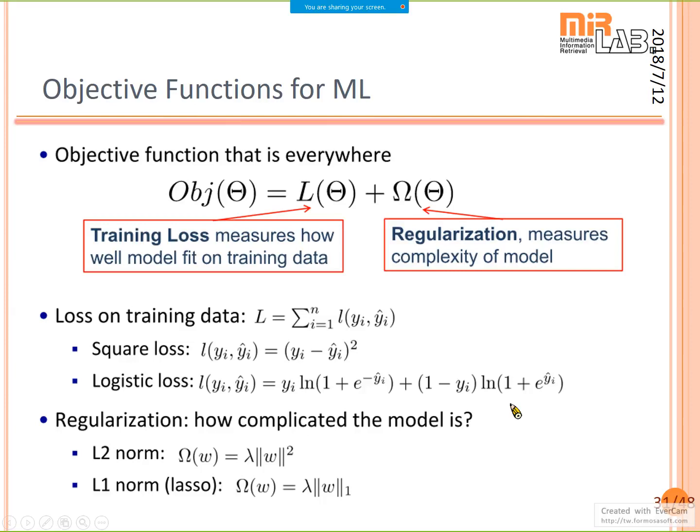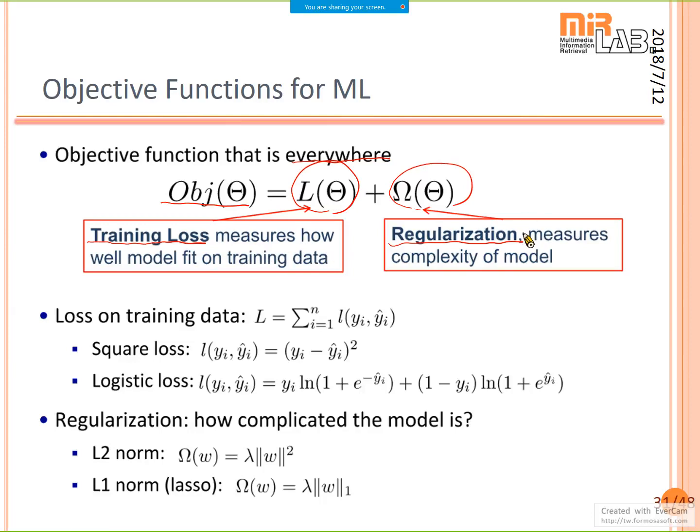So here we want to visit the objective function that is used almost everywhere for machine learning. The objective function can be defined as a training loss, right here, plus the regularization. For the training loss, we are trying to measure how well the model fits the training data.